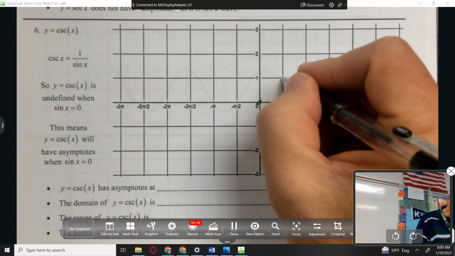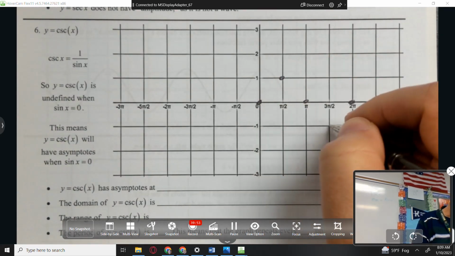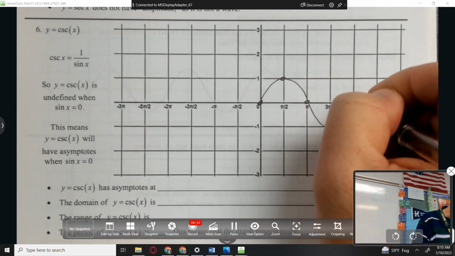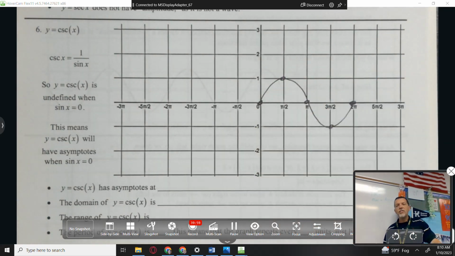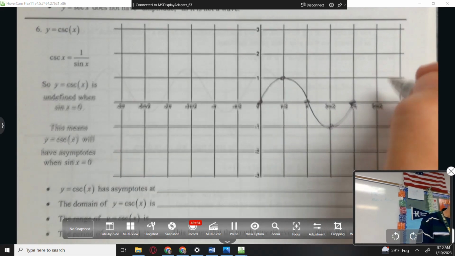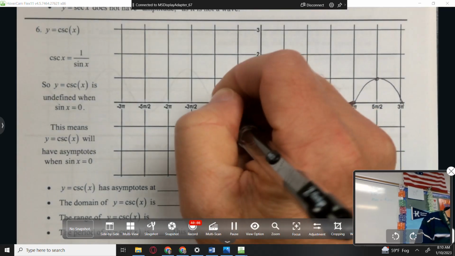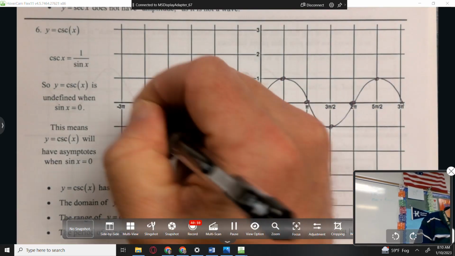Or you can just sketch in max, middle, minimum, middle. Good practice to sketch in another sine graph. And then you can keep going. The pattern's pretty easy to follow.